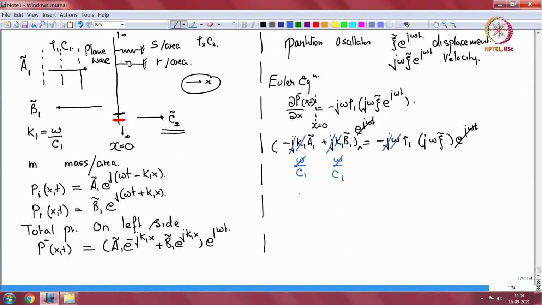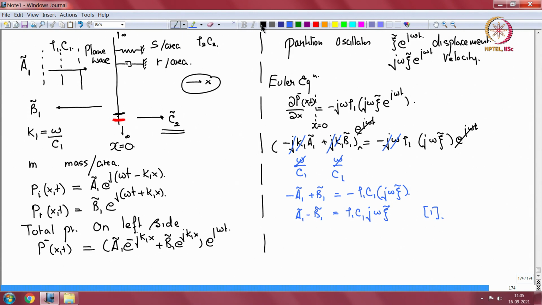So I have minus A1 tilde plus B1 tilde is equal to minus rho 1 c1 j omega xi, or A1 tilde minus B1 tilde is equal to rho 1 c1 j omega xi. So this is an important equation. Let us say it is 1.